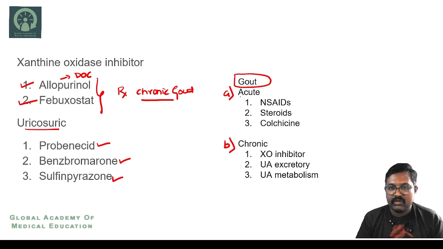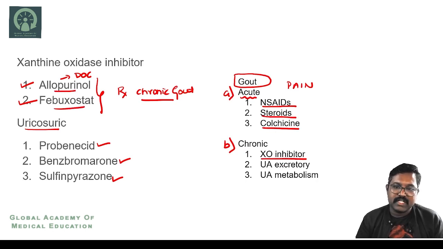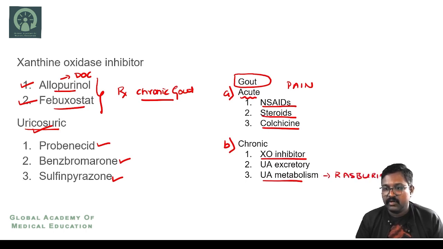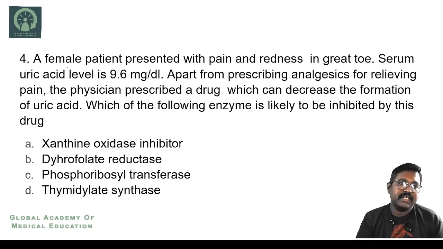In acute gout, symptomatic treatment is given to relieve the pain, so we use non-steroidal anti-inflammatory drugs, steroids, and colchicine. In chronic gout, we use xanthine oxidase inhibitors like allopurinol and febuxostat, and we can increase uric acid excretion by using uricosuric agents. The third group increases uric acid metabolism, like rasburicase, etc.